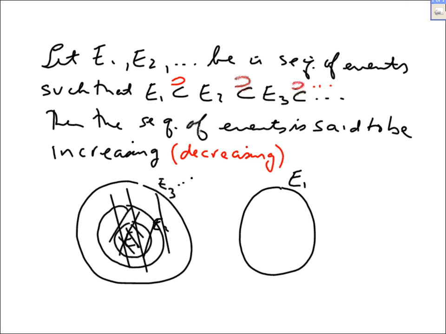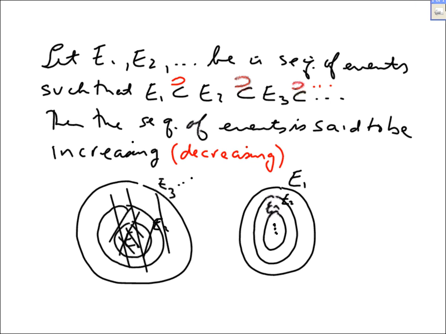I guess it's going to have to be infinitely big. And E2 will lie in it. E1 contains E2, E2 contains E3, etc. The reason E1 and E2 are going to have to be infinitely large is because there's infinitely many events inside it.